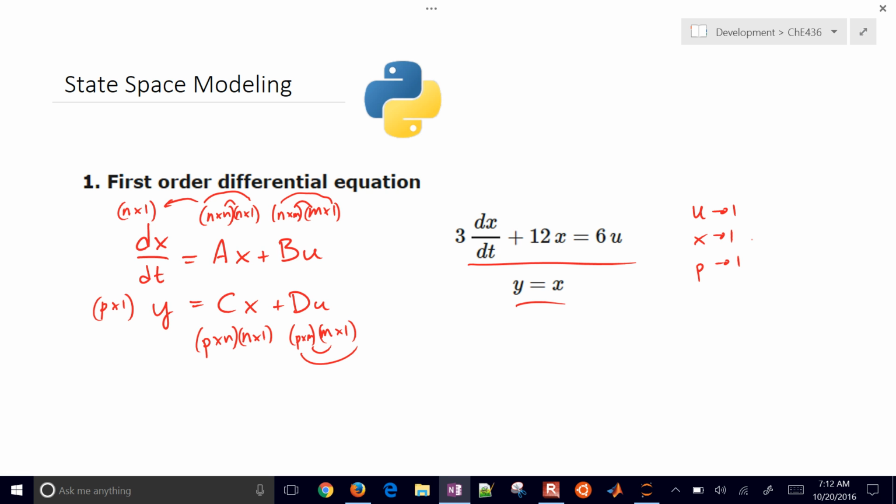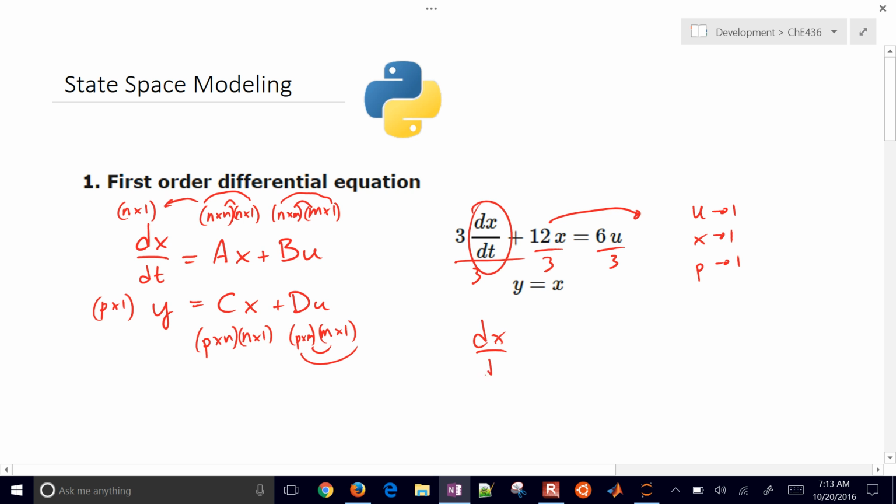So let's go ahead and just convert this, and the way we do that is isolate this on the left-hand side. So I'm going to put this on the right side, and then also divide by 3 everywhere, and that's going to give me dx dt equals negative 4x plus 6u, and then we have y equals 1 times x plus 0 times u.